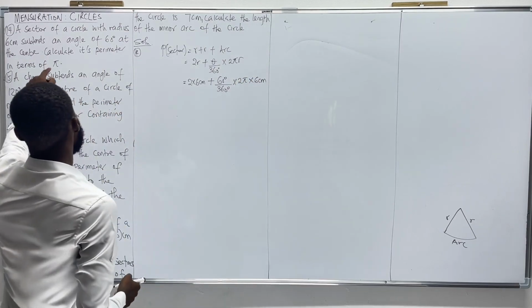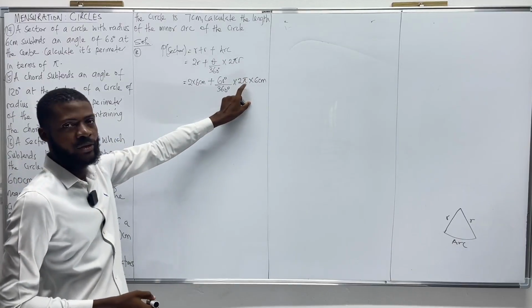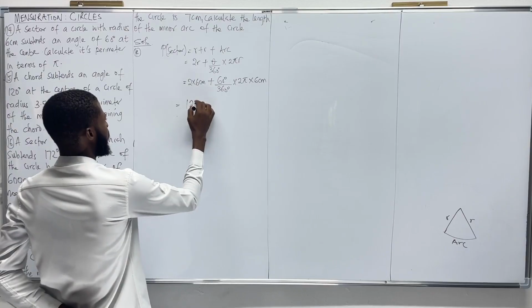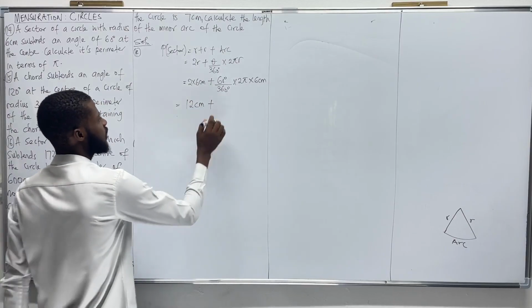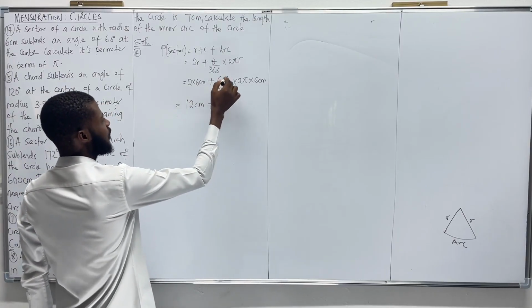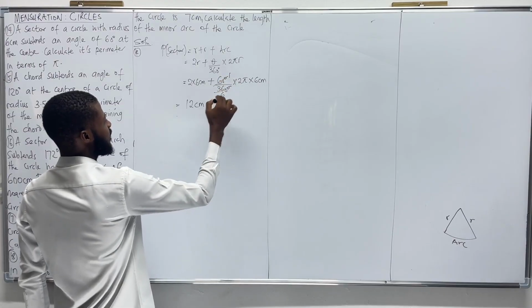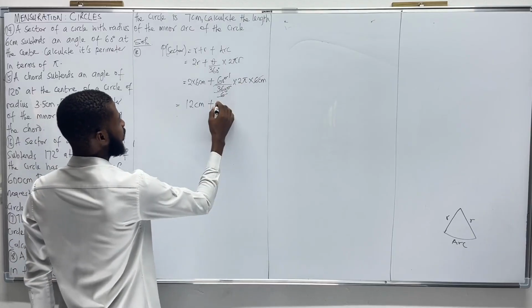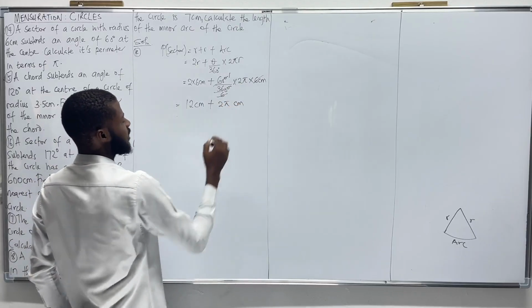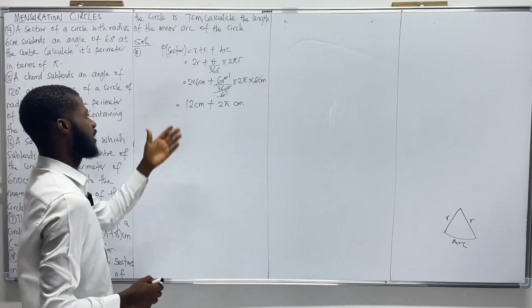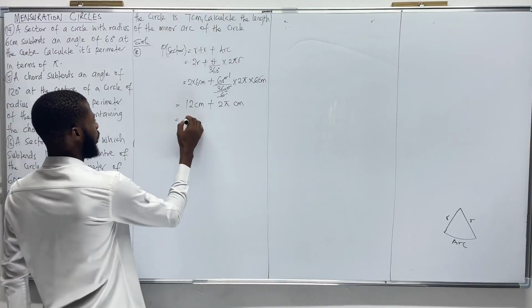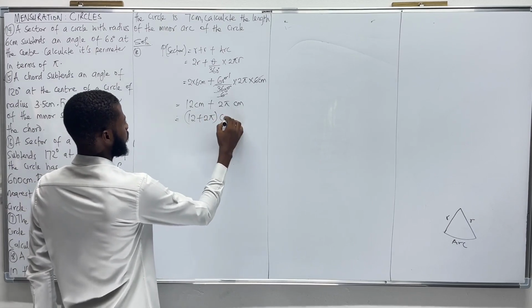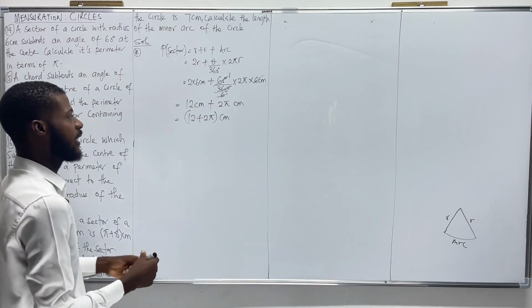Remember they said in terms of pi, so our answer will be in terms of what? In terms of pi. Now, 2 times 6 will give us 12, so this is 12 cm plus, you can tell that 60 into 60 is 1 and into 360 is 6. Now, this 6 can cancel out this 6. So what's remaining here will be 2 pi cm. Now, you can tell that the answer to this question will become 12 plus 2 pi cm. Because the cm is common, so this will be the answer.